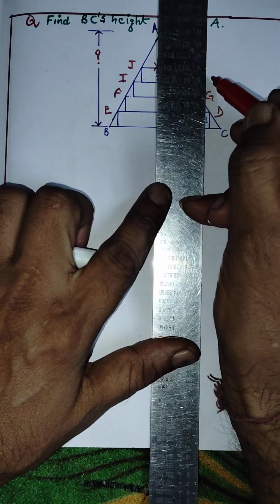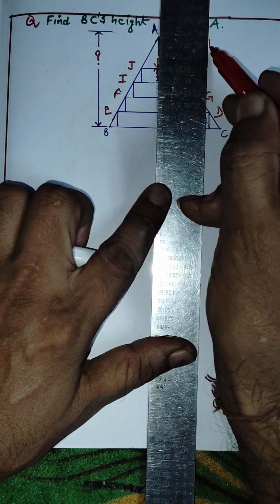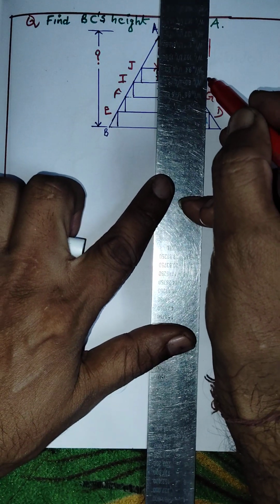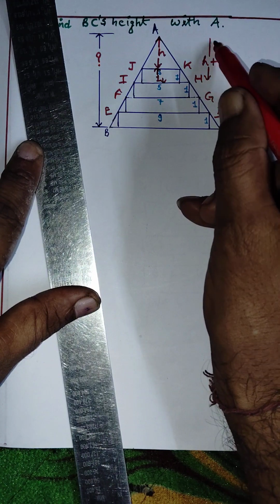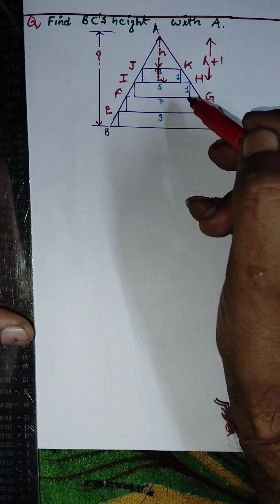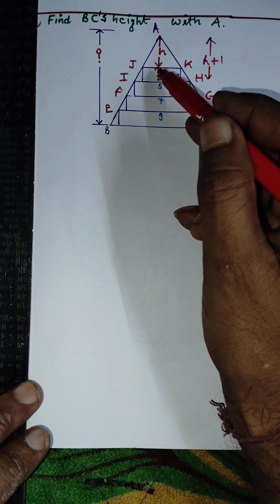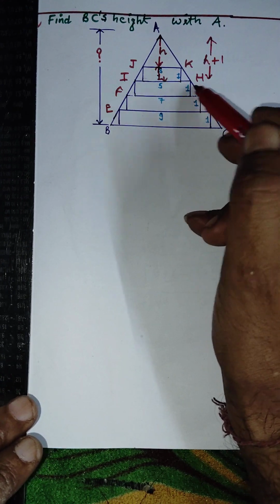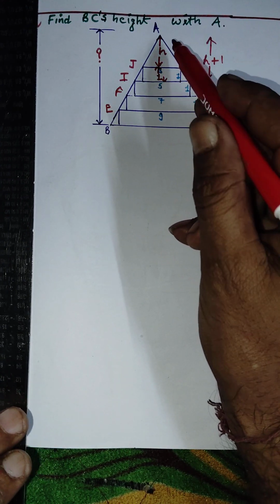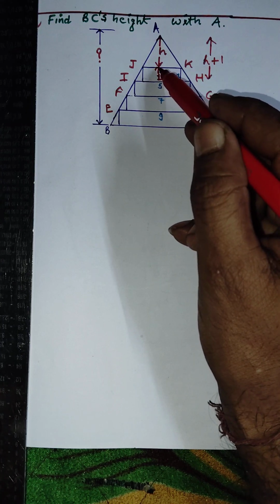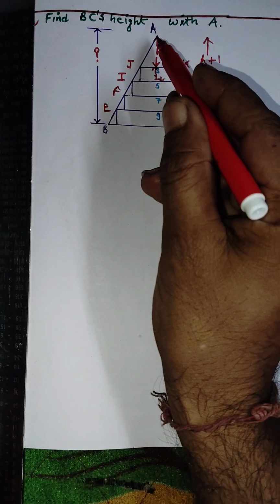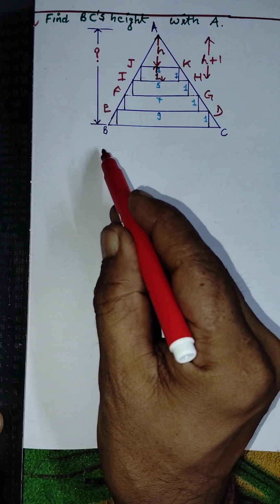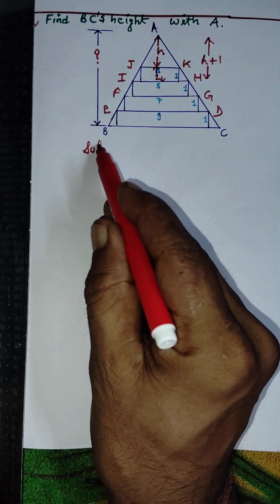So the height from vertex A on HI is H plus 1, and we assume the height from vertex A on JK is H. So after it there are two similar triangles. Let us see the solution.